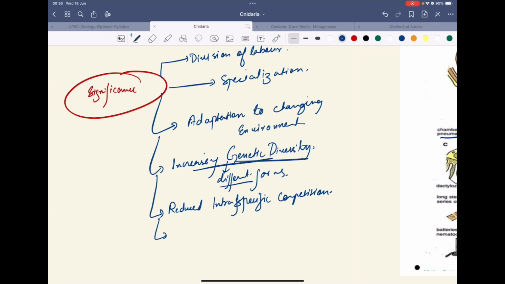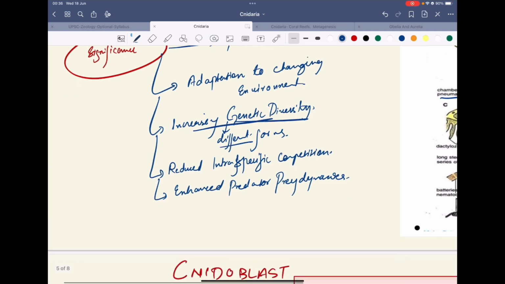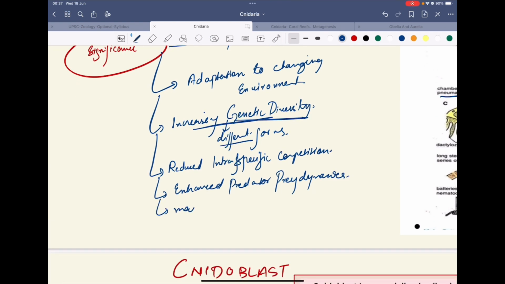There are enhanced predator-prey dynamics. There is maintenance of biodiversity due to the interaction. It also acts as a genetic basis for evolutionary changes.